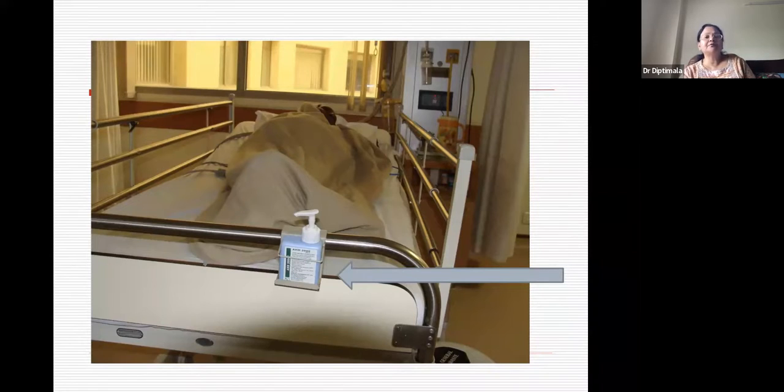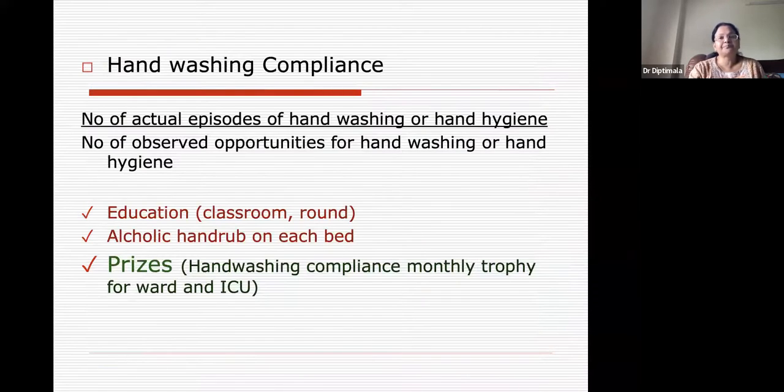For washing hands physically with soap and water, the recommendations are when the hand is visibly soiled or contaminated with blood. Otherwise, for the basic moments when you are touching the equipment and surroundings of the patient, we can use the hand rub.